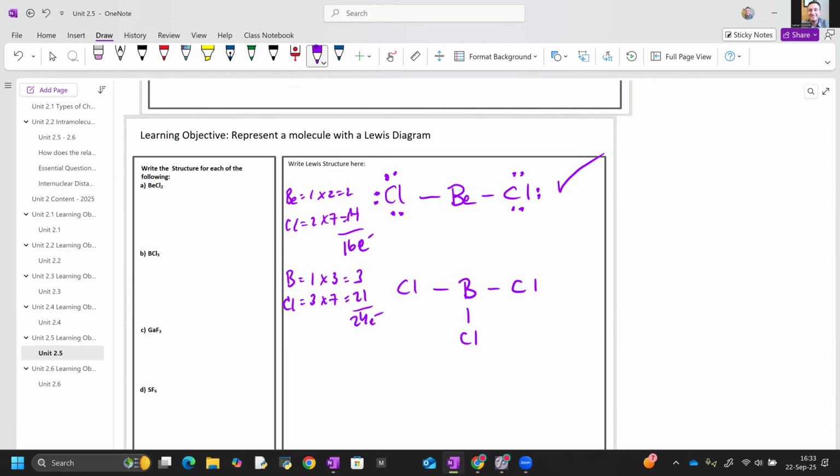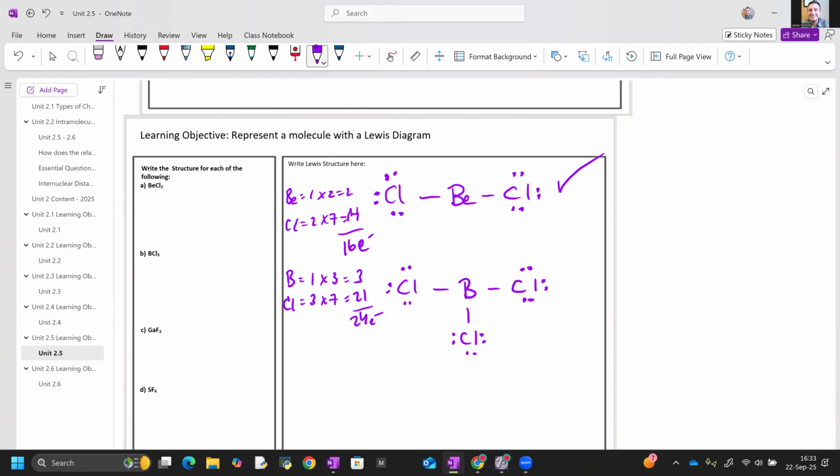And so all we have to do is do our electron count till we get to 24. So we have 2, 4, 6, 8, 10, 12, 14, 16, 18, 20, 22, 24.